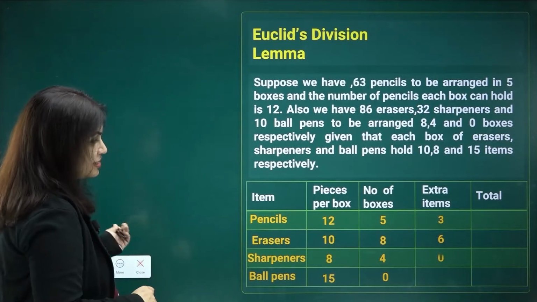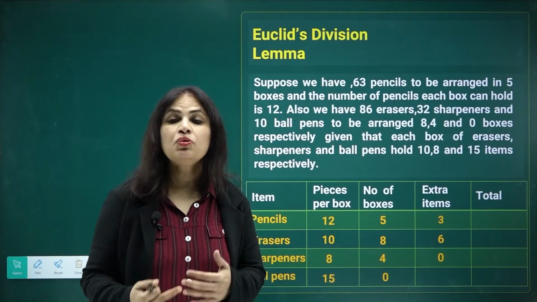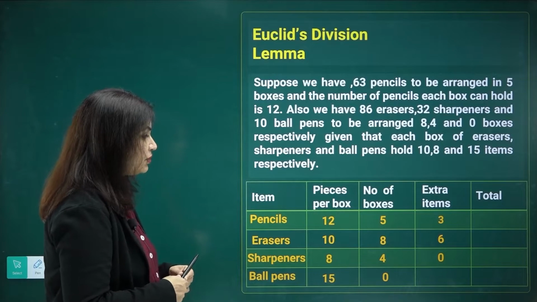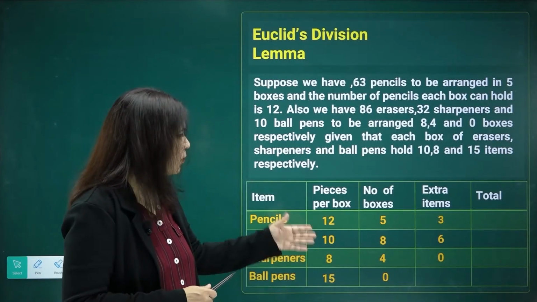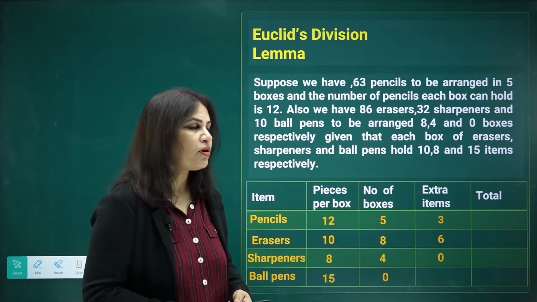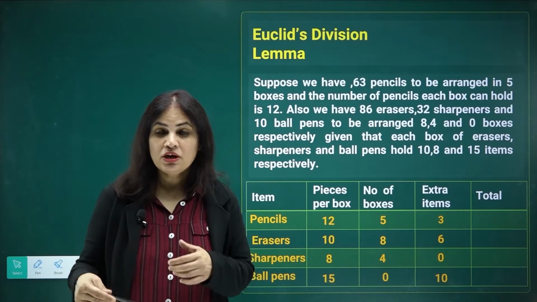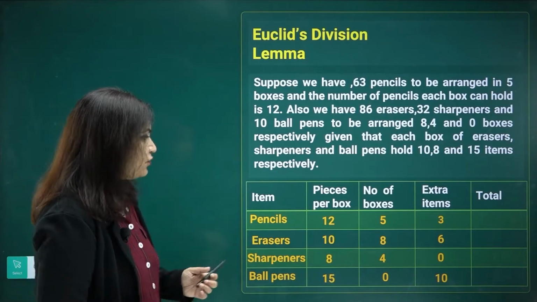So as we can see, the leftover, or the extra item which has to be kept loose, is 0. Next, how many ball pens do we have? We have 10 ball pens, and there are no boxes for it. So since there are no boxes for it, 10 ball pens will have to be left loose as an extra item.